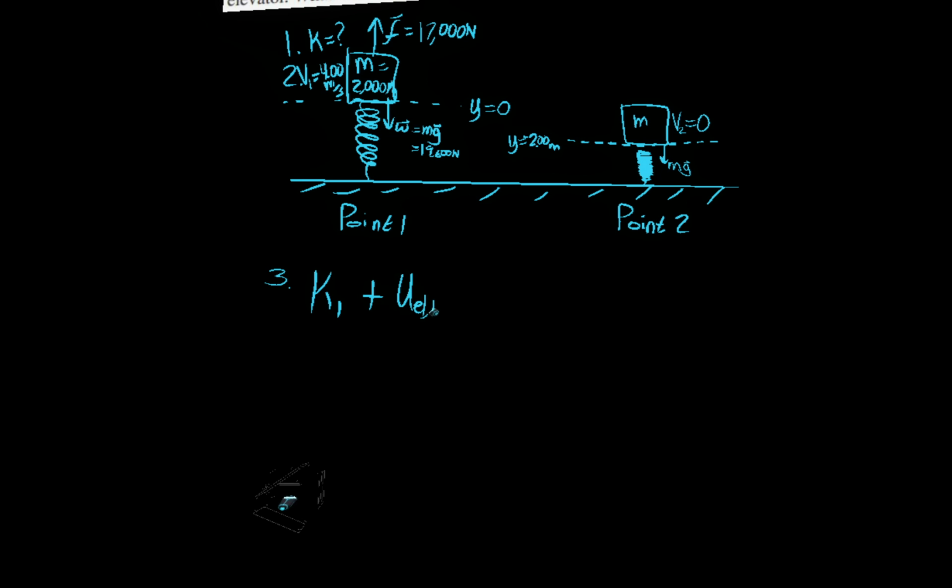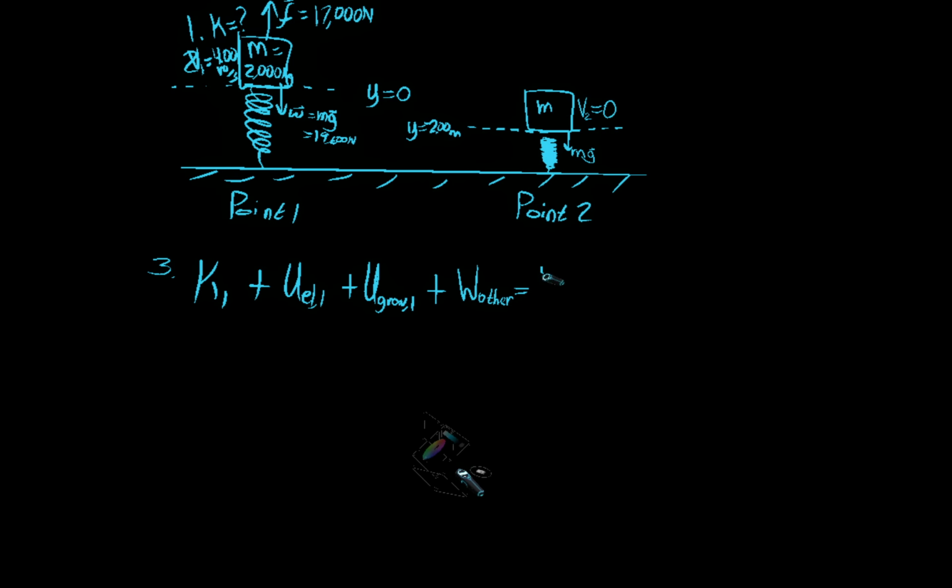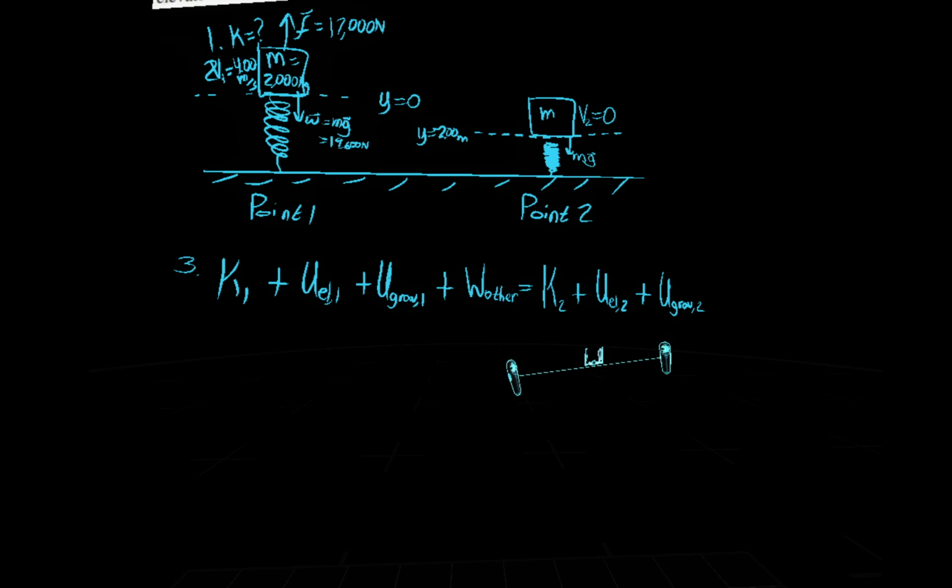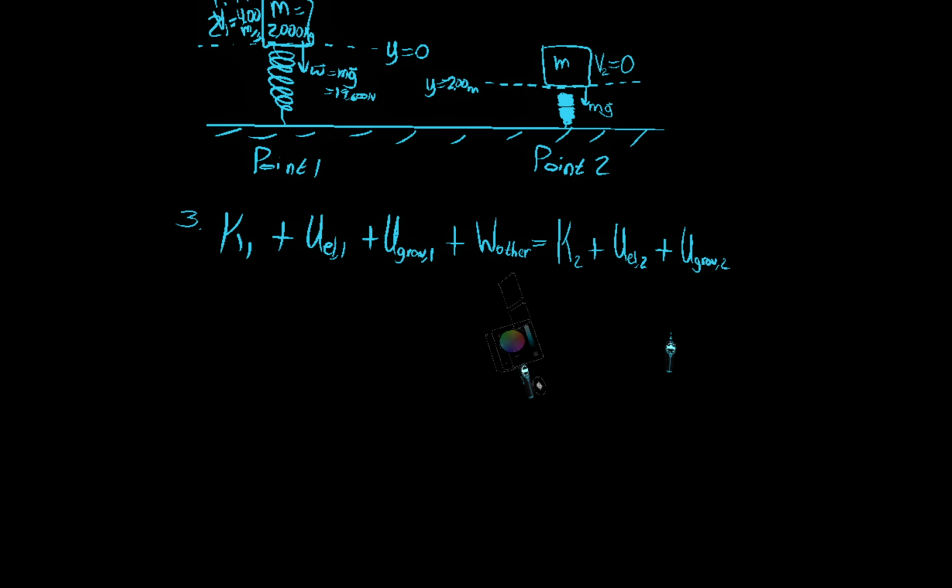U elastic 1 plus U gravitational 1 plus work other is equal to K2 plus U elastic 2 plus U grav 2. Right? So we have everything involved here.